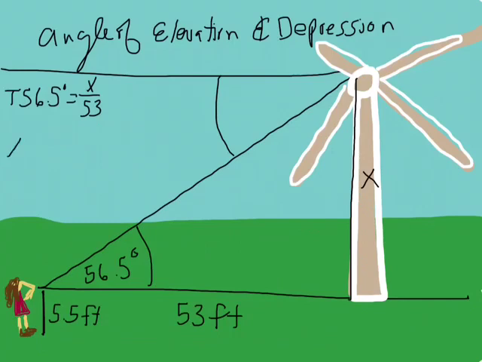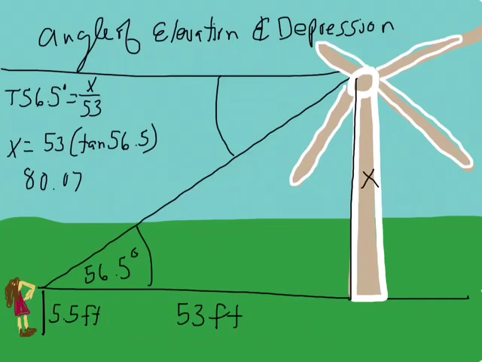And so then we would have x equals 53 times the tangent of 56.5. Now again, you need a scientific calculator to do this, but when you plug that in, you would get a total of 80.07. We'll just round there.